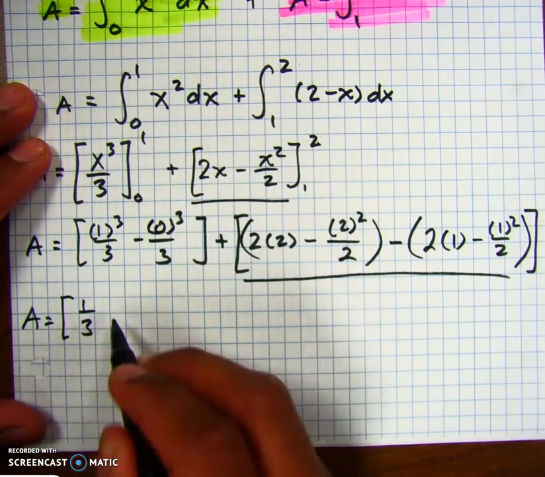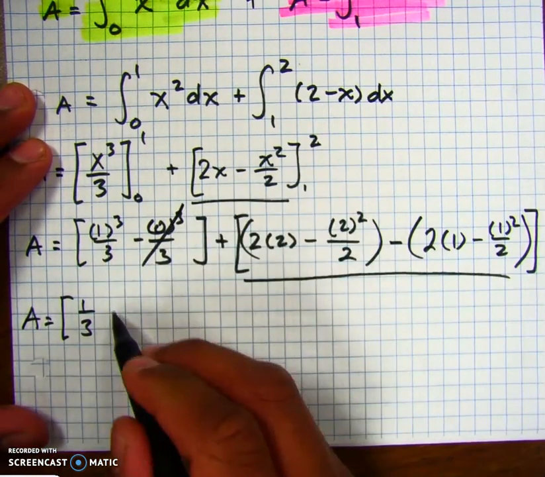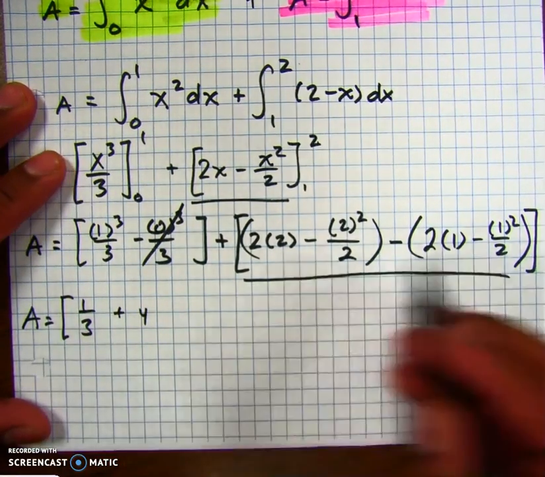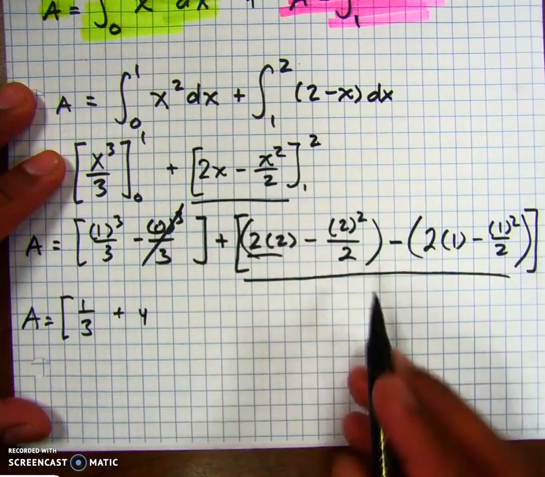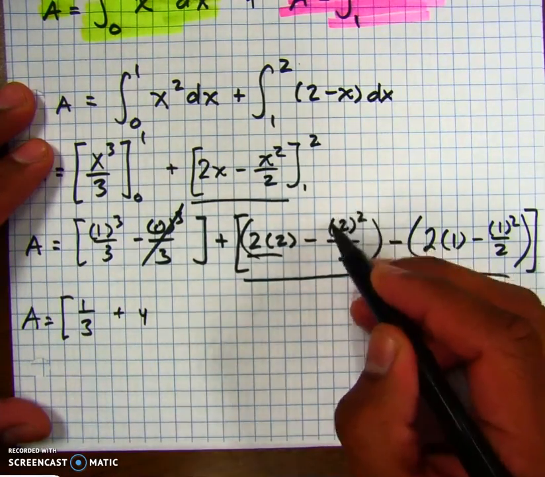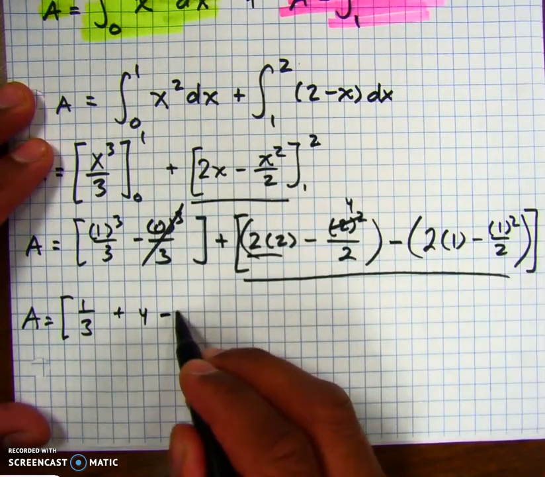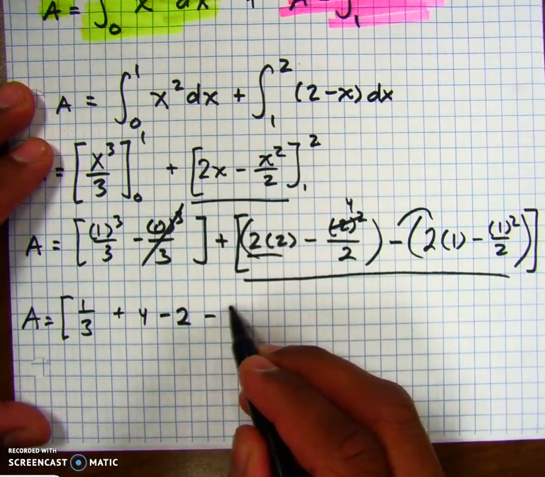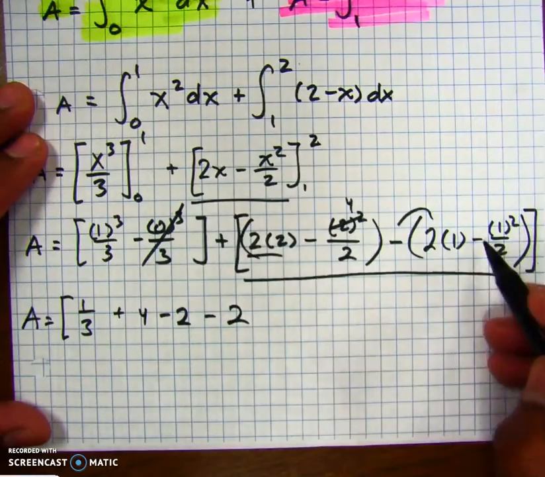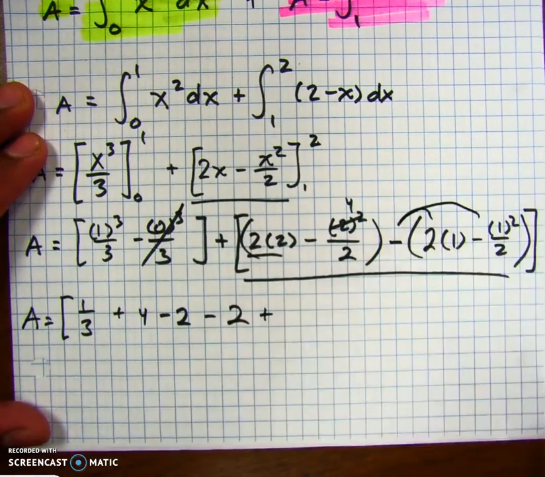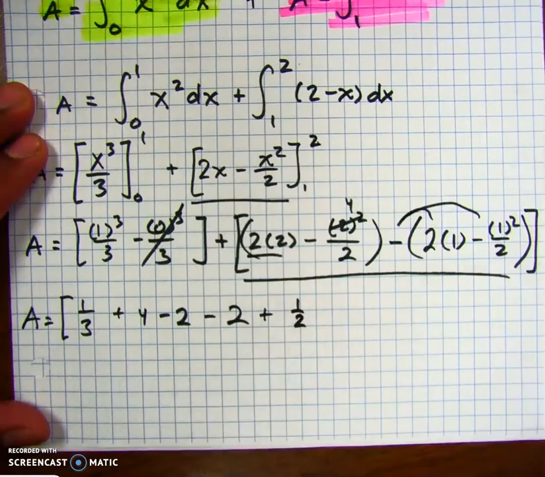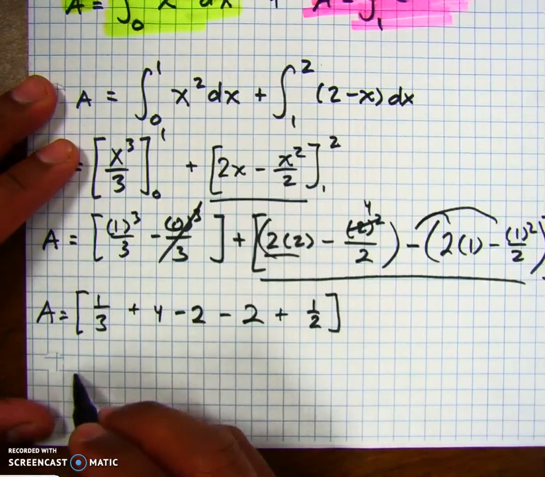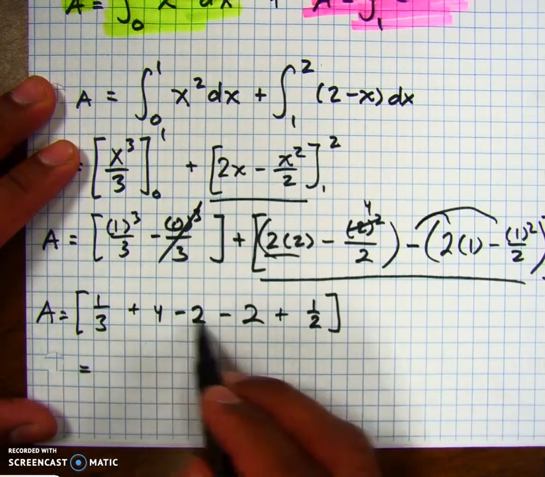So we have 1/3. That's just 0. This right here we have plus 4. Okay, that's this 4 right here. And then this is going to be 4. 4 over 2 is just minus 2. Right here I have to distribute, so it's going to be minus 2. And this is going to be plus, when I distribute this, it's going to be plus 1/2. So this is gone.